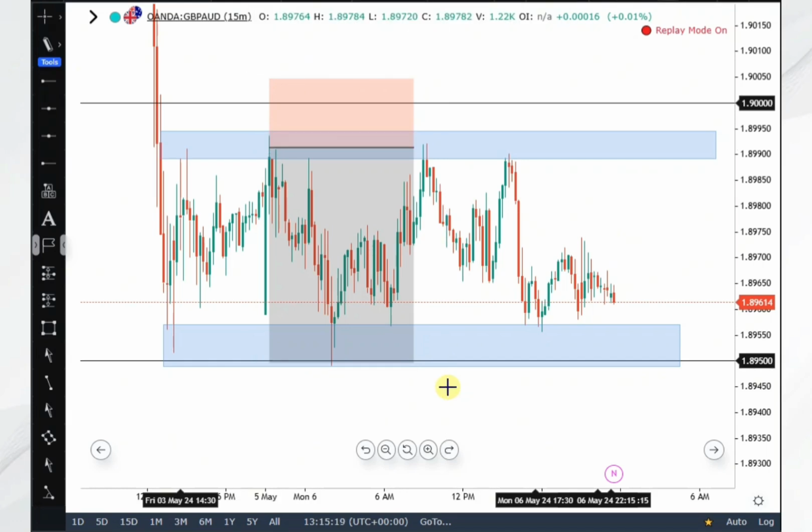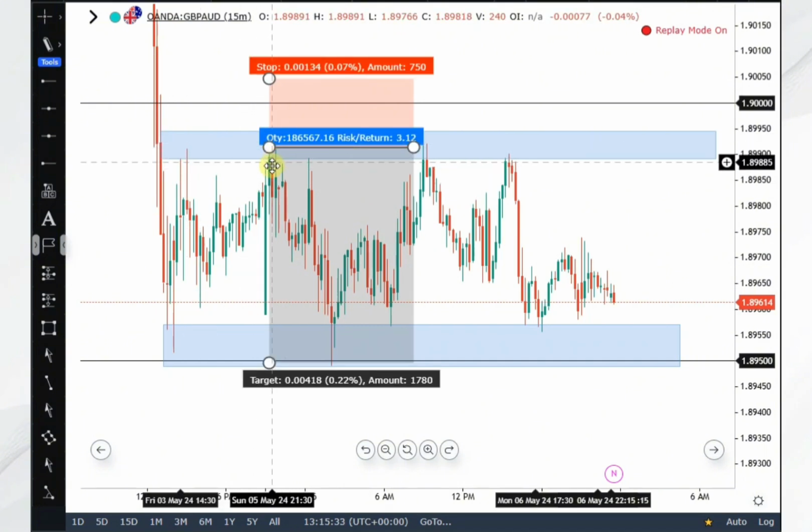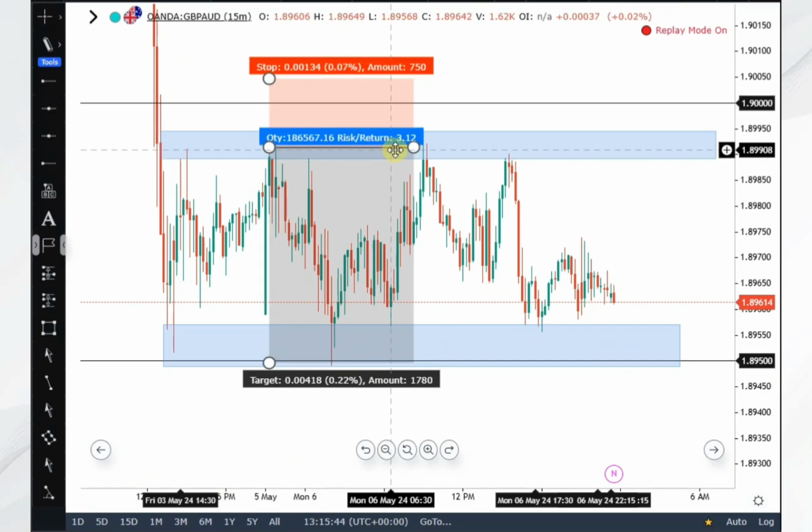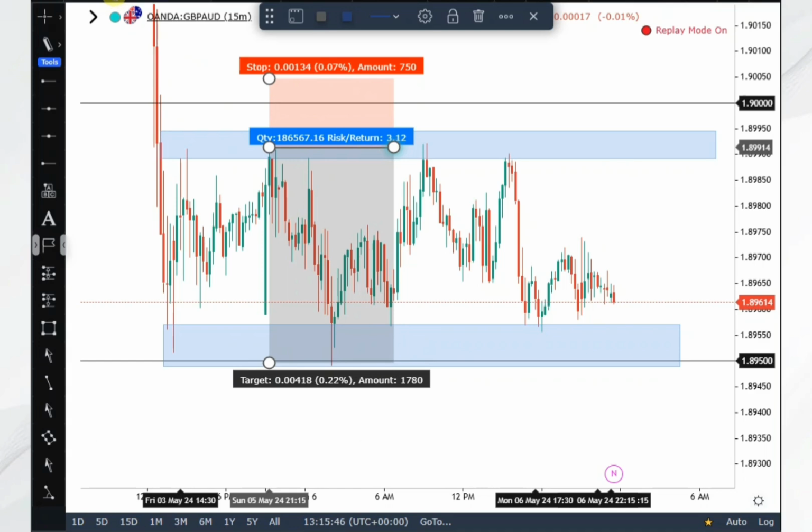When price got to this point, it came up here, failed to break up, came back down again, and then came to retest this point again, failing to break above. On this level, traders place their orders to sell this particular pair, because this is GBP AUD.